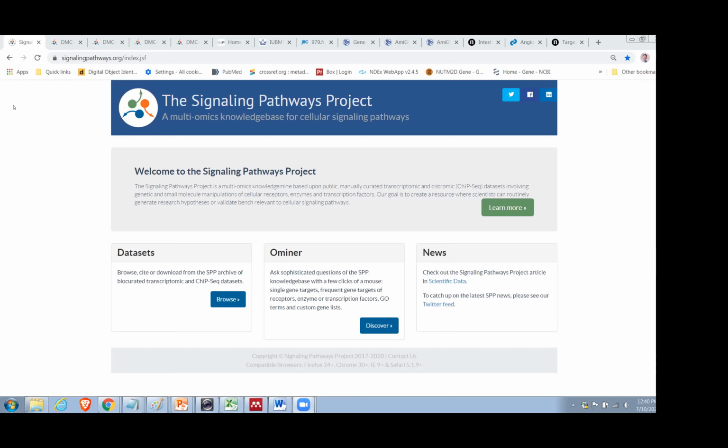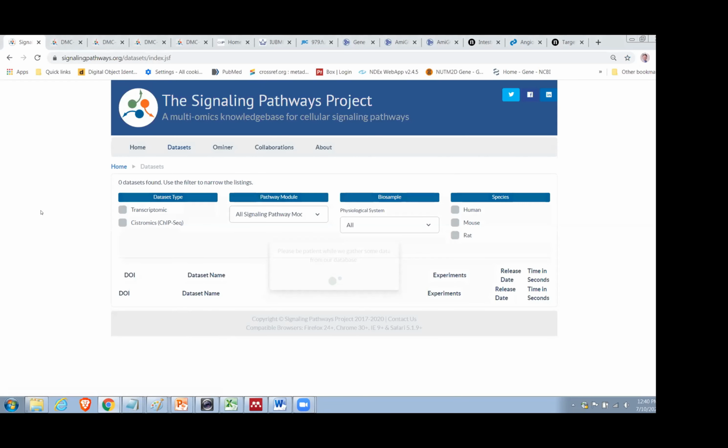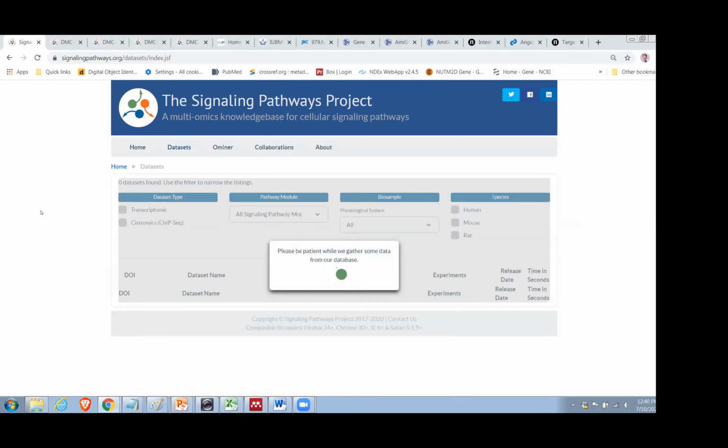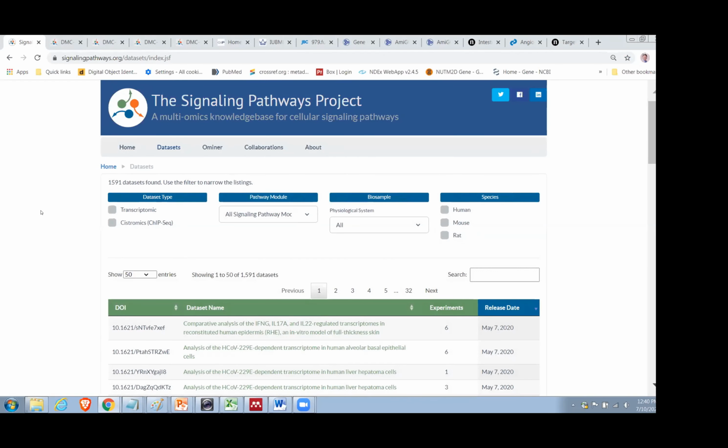But okay, so what I'll start with, what you're looking at now, I think you're kind of familiar with at this point, is the SPP UI, and there are various ways that you can interact with the data. When we were thinking about how to design the site, we wanted to keep things as simple as possible.